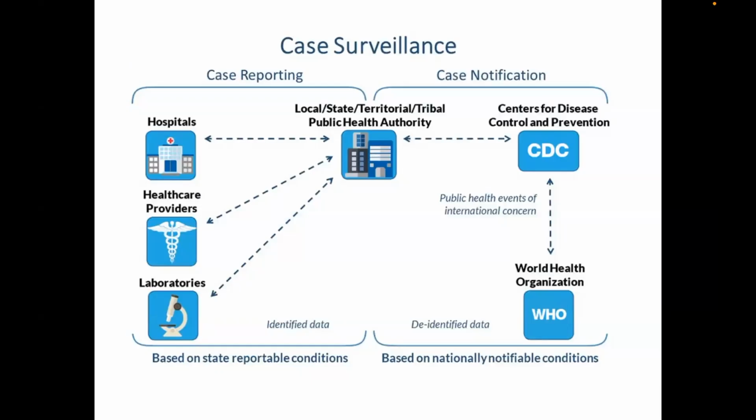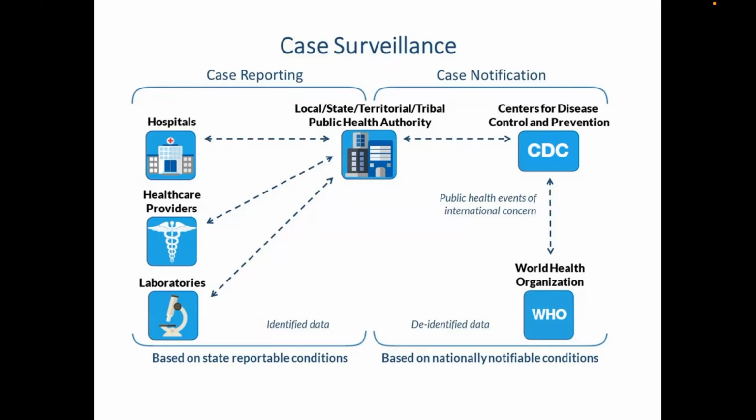So here, this is now the concept of case surveillance, where there's case reporting and case notification. Case reporting is based on reportable conditions. That is state, or in our situation, community or local reportable conditions.